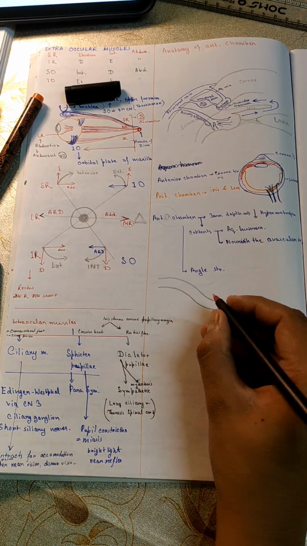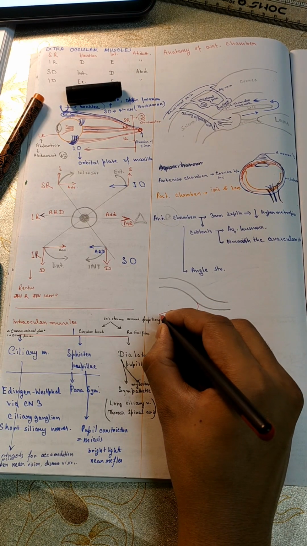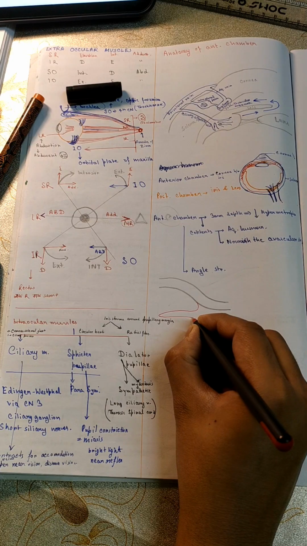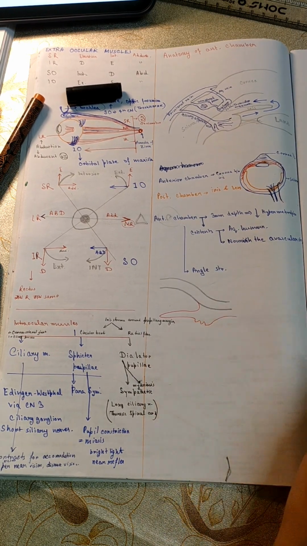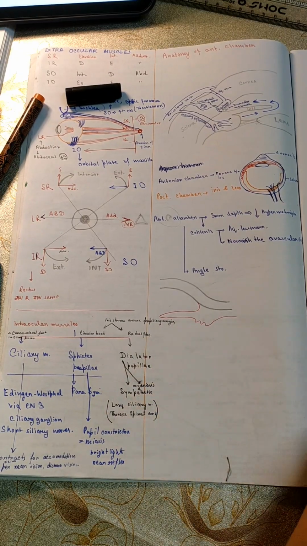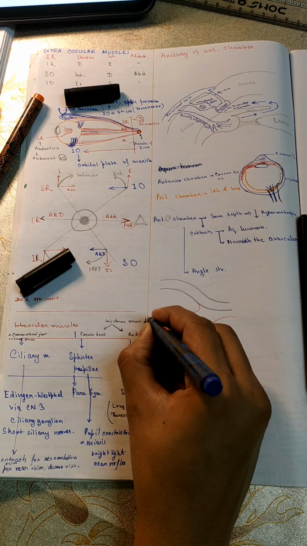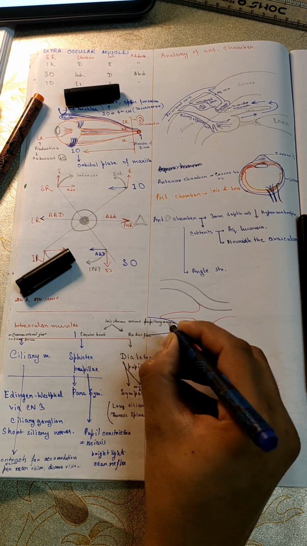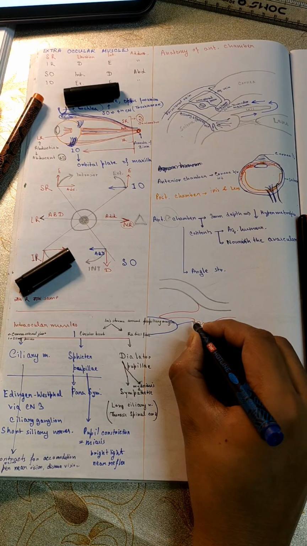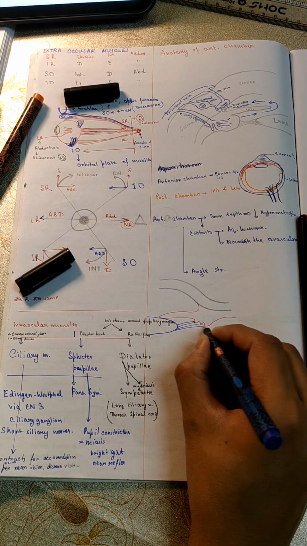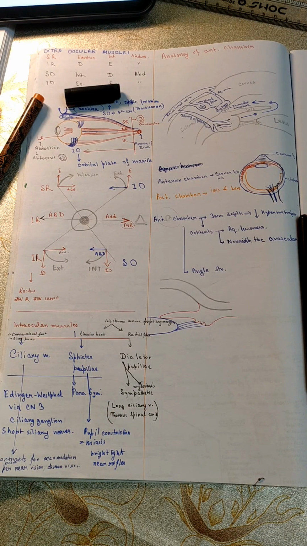In this junction, what I have, the iris, like this. Under this iris, I have the lens. This is the pupillary margin as written, and these are all the things.